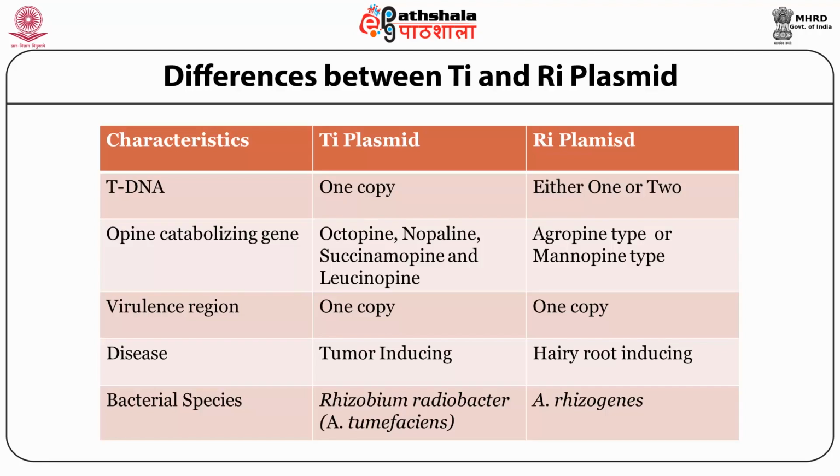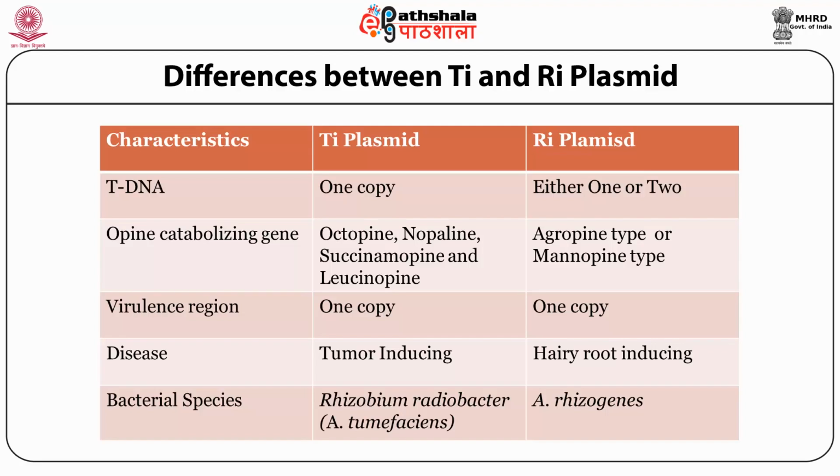Ti and Ri plasmids also have similarities, in that both of them contain only one copy of virulence genes. Ti and Ri plasmids are both virulent to the plant cell, and Ti plasmid causes tumor, which is also called crown gall, and Ri plasmid causes hairy root disease.